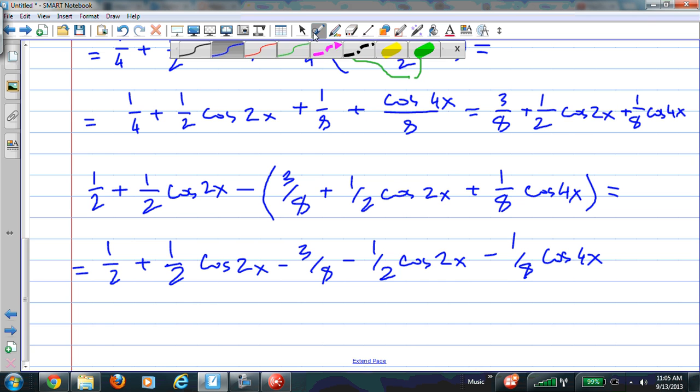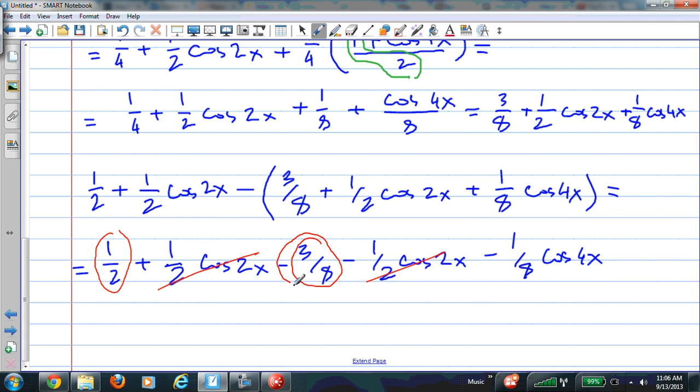Right away, we see a few things. 1/2 cosine 2x cancels with 1/2 cosine 2x. And I can combine 1/2 minus 3/8. 1/2 minus 3/8 is 1/8, minus 1/8 cosine of 4x.